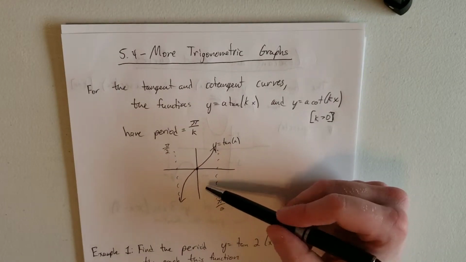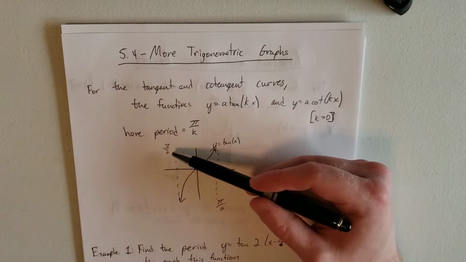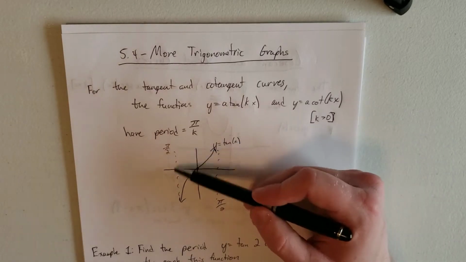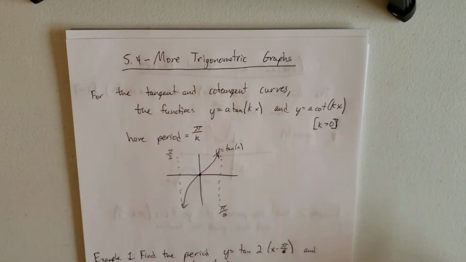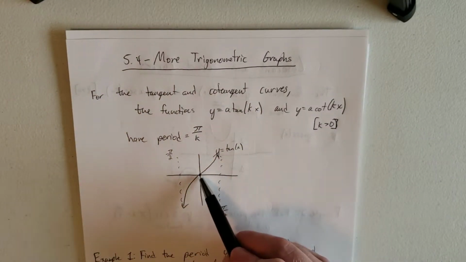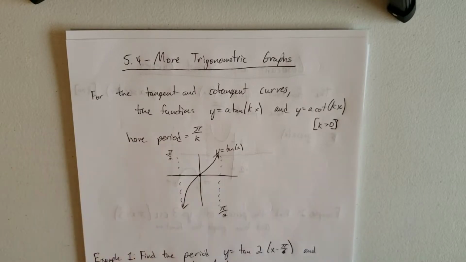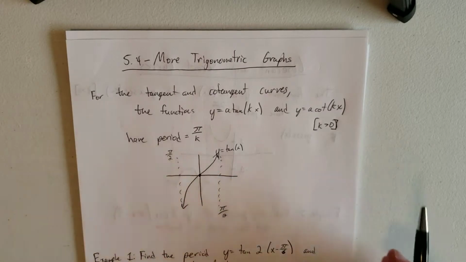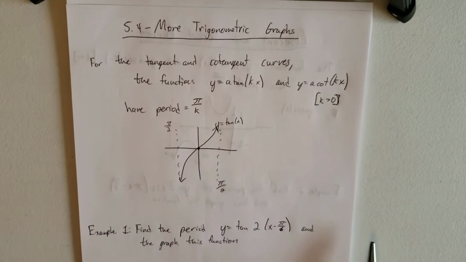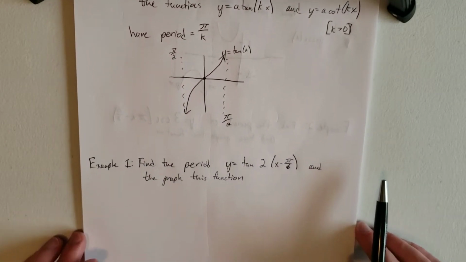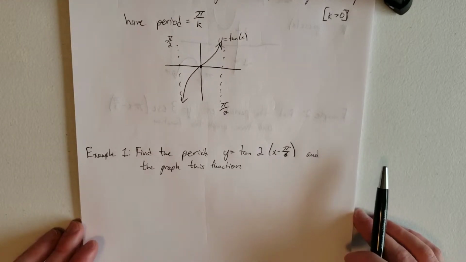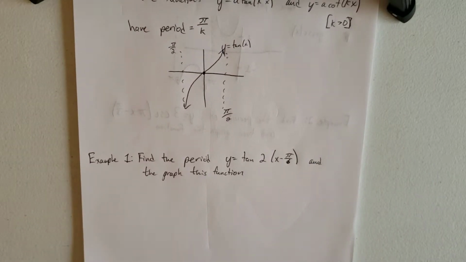We have vertical asymptotes here at negative pi over 2 and positive pi over 2. And the graph goes through the center 0, 0, or the origin.